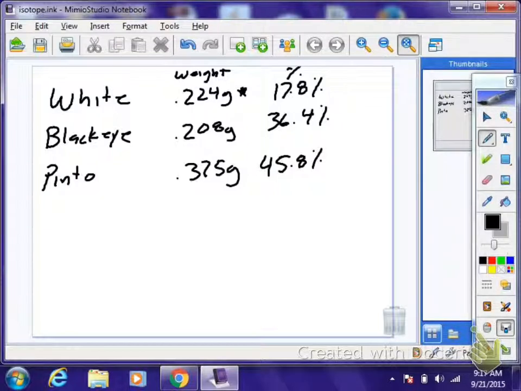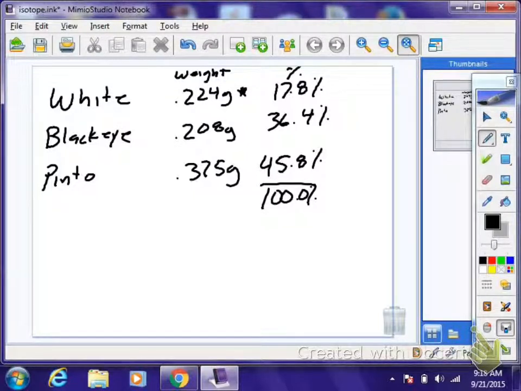When you do that for every one of those, you get 100% of the weight if you add them up at the end. So we want to know the weight of one bean in that bag. That's called the average weight of a bean, based upon our percents and our weights.